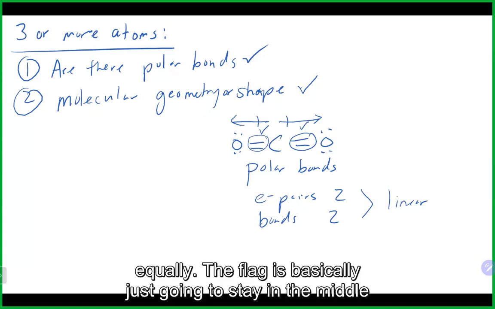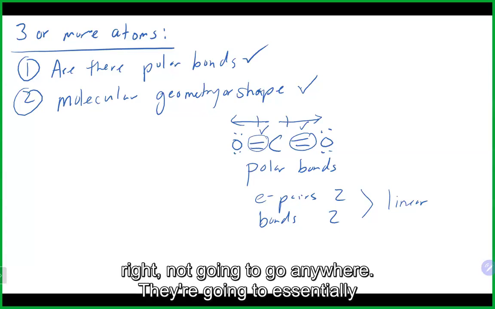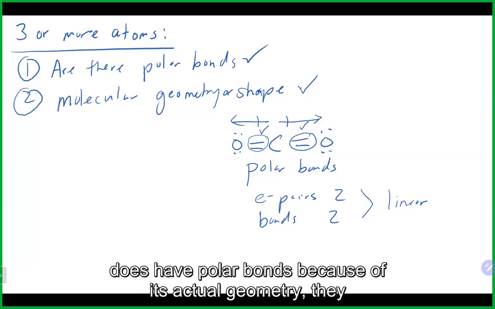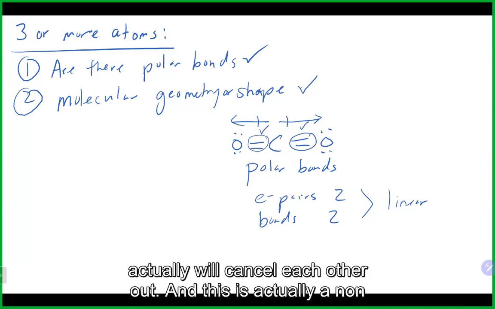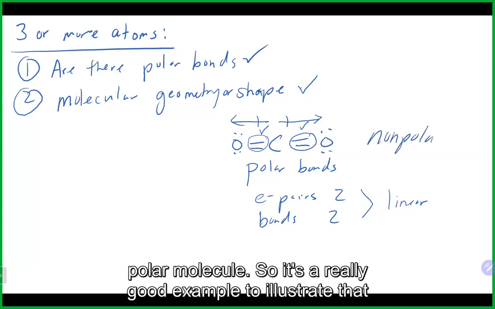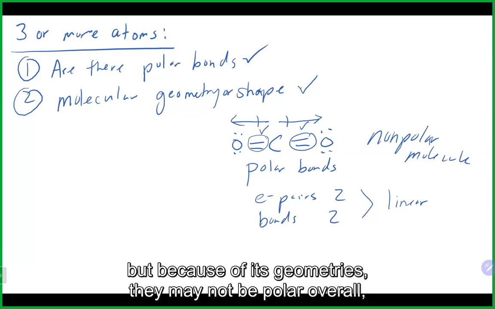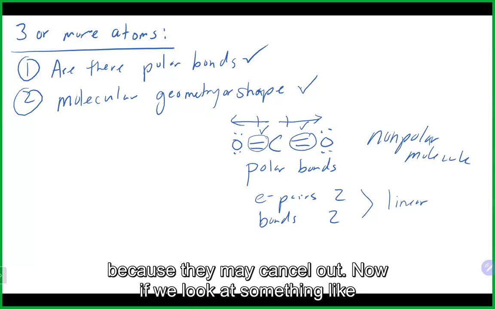The flag is basically just going to stay in the middle, right? Not going to go anywhere. They're going to essentially cancel each other out. So even though something like CO2 does have polar bonds, because of its actual geometry, they will cancel each other out, and this is actually a nonpolar molecule. So it's a really good example to illustrate that you absolutely could have a molecule that has polar bonds, but because of its geometry, it may not be polar overall because they may cancel out.